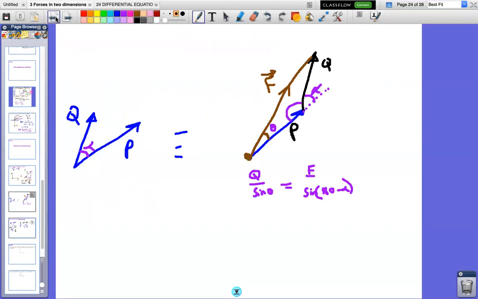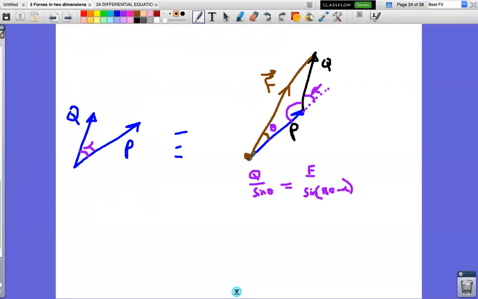If we go back here, you will see that this resultant vector F will have a horizontal component, which is just the horizontal component of P plus the horizontal component of Q. And the vertical component will just be the vertical component of P plus the vertical component of Q.